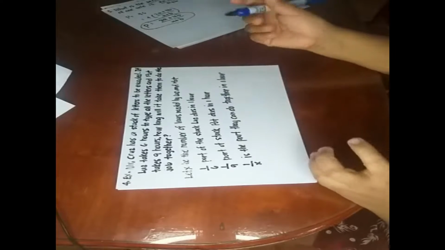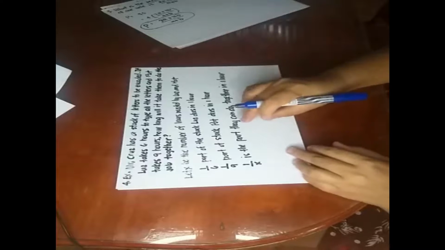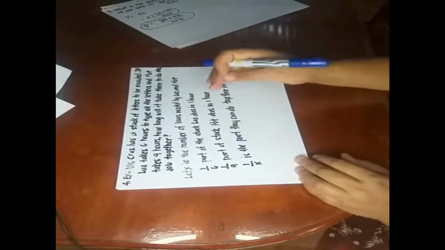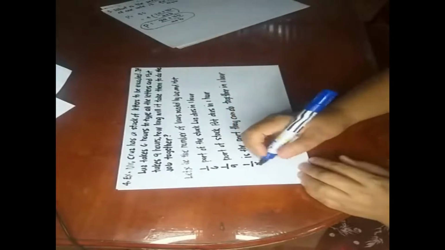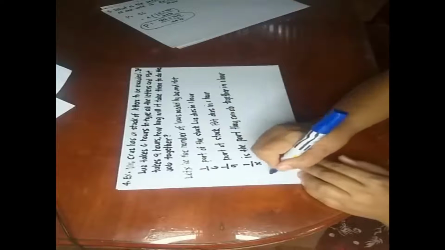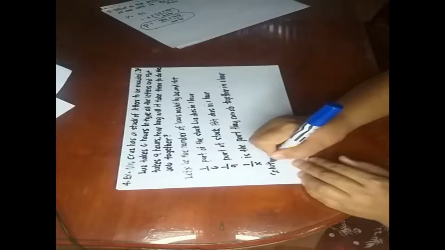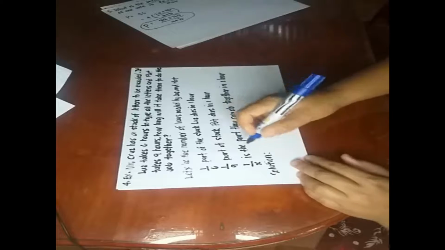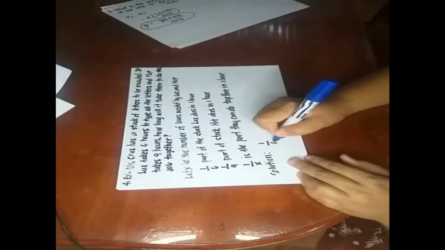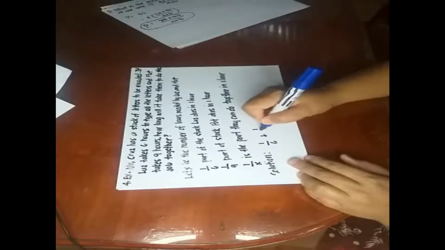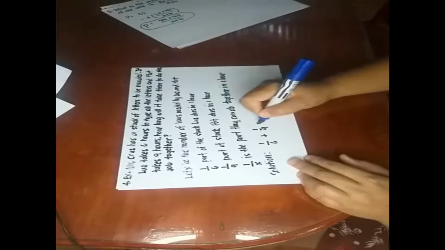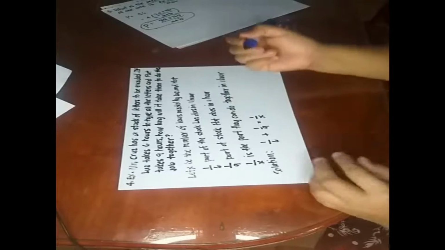So, combining the parts of Luz and Pat, the solution: 1/6 plus 1/9 equals 1/x.